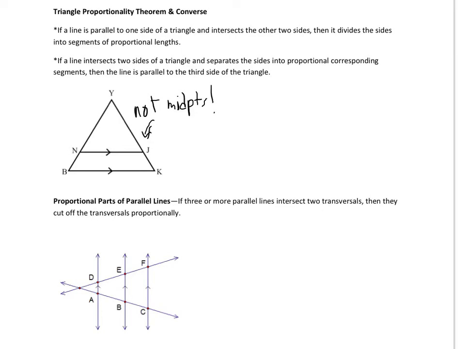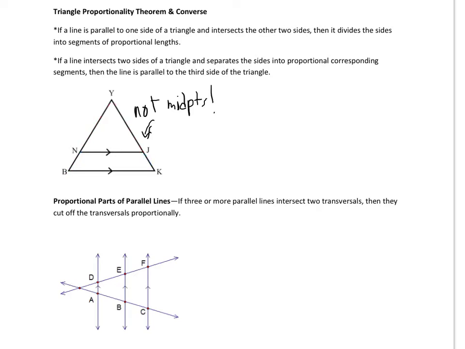So that's to say that NY and NB, let's see, maybe I'll do the smaller one in blue. The proportion of that is related to the proportion of these two. It's not saying they're equal. So I'm going to erase that because I don't want you to think they're equal, but I'm just trying to show you what sides we're talking about.